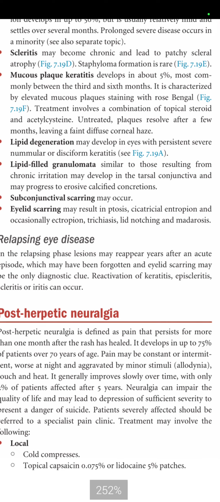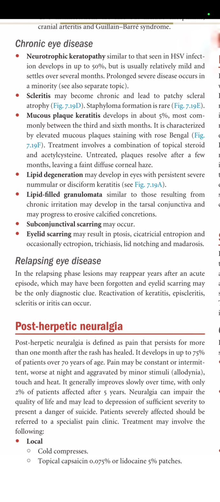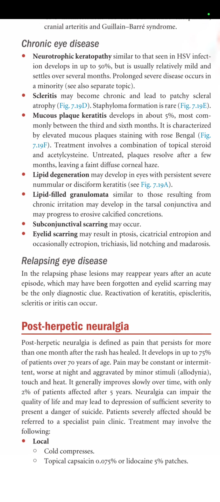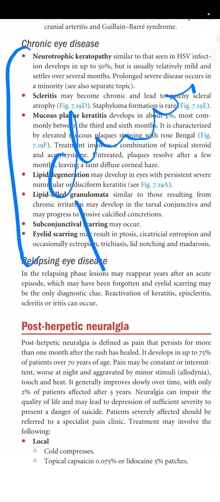Lipid-filled granuloma, similar to those resulting from chronic irritation, may develop in the tarsal conjunctiva and may progress to erosive calcified concretions. Subconjunctival scarring may occur. Eyelid scarring may result in ptosis, cicatricial entropion, and occasionally ectropion, trichiasis, lid notching, and madarosis. So these are all the chronic complications after HZV.